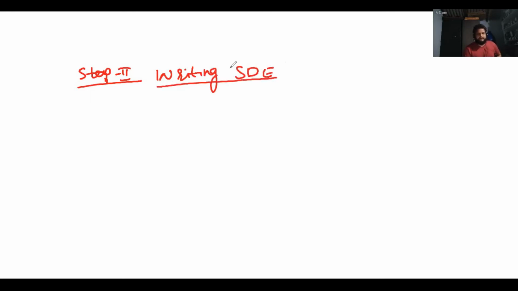Okay, so when you're writing slope deflection equations, the only thing that you should keep in mind is the span that is there.